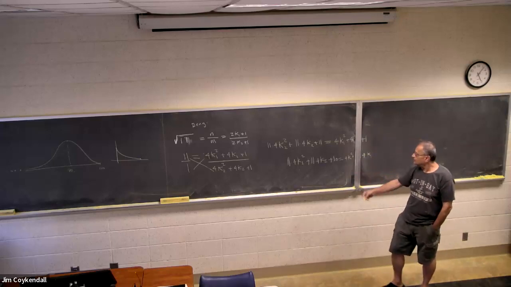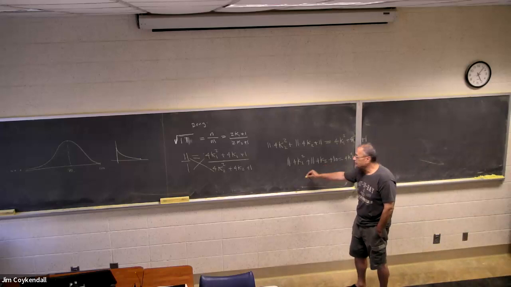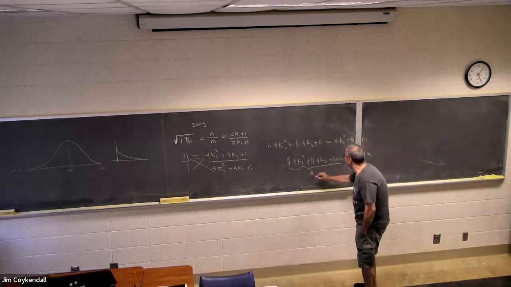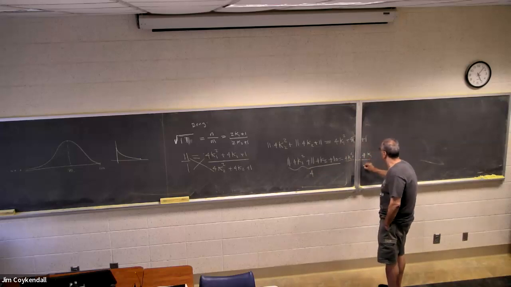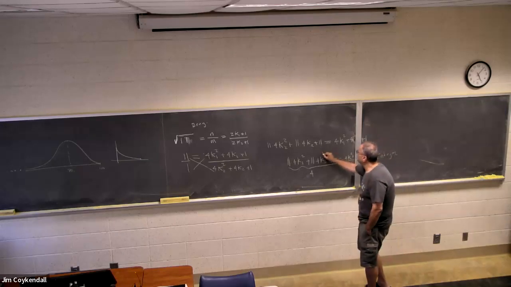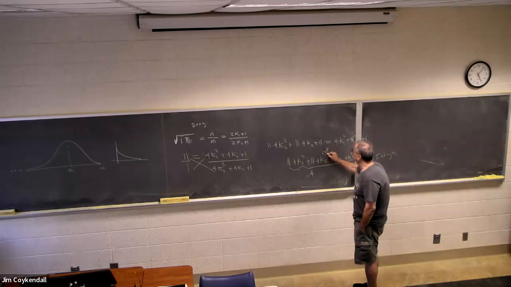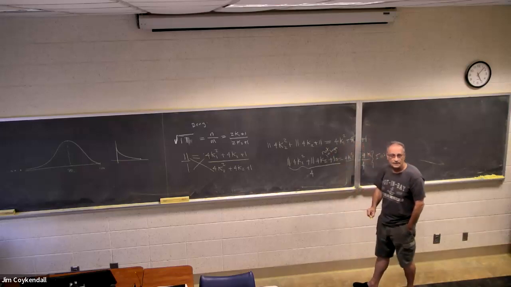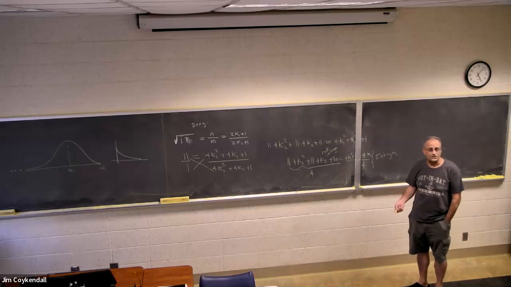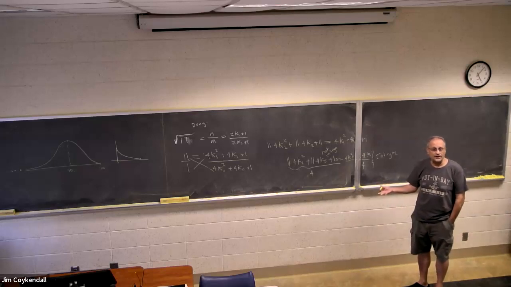Divide by 4. If you divide by 4, this is an integer, and this is not an integer. You're done. A contradiction. So I'm not using any of the GCD.